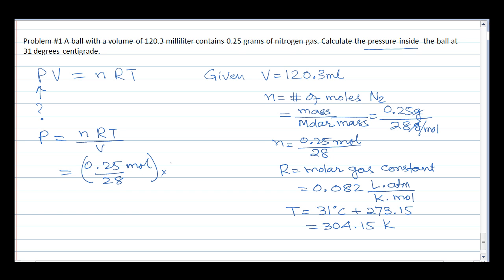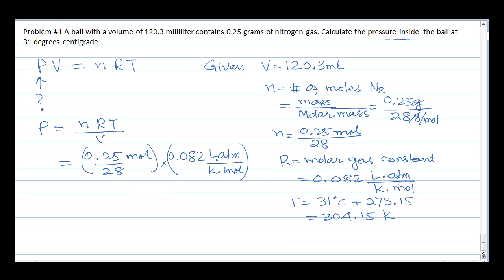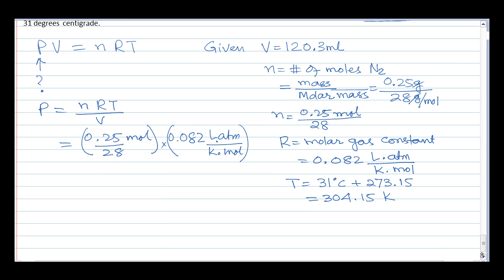R is 0.082 liter atmosphere per degree Kelvin per mole. So that is another one, and T is equal to 304.15 K. Let me put it in a new line so we have more space.